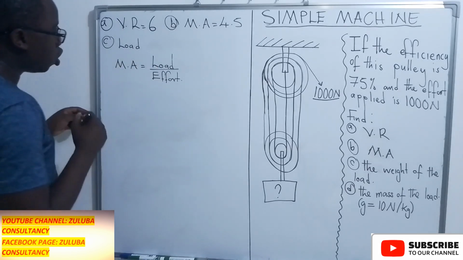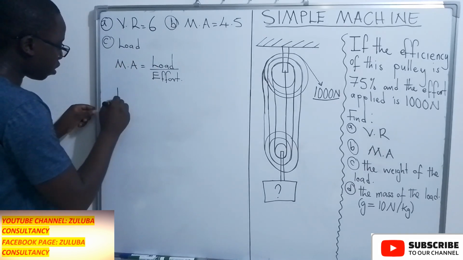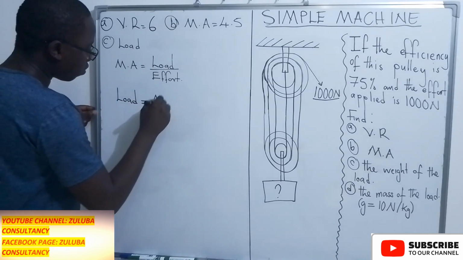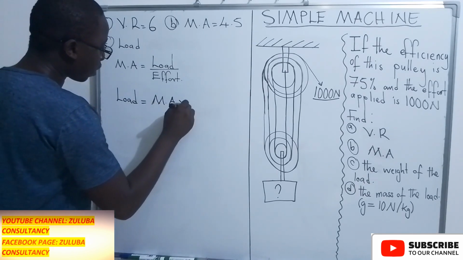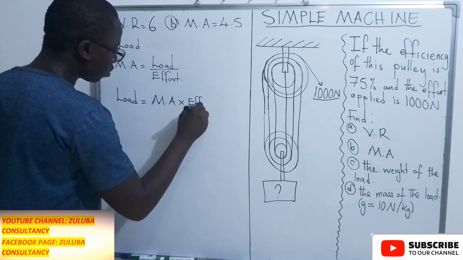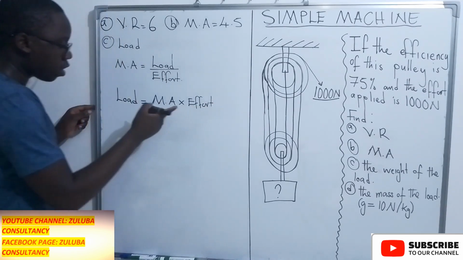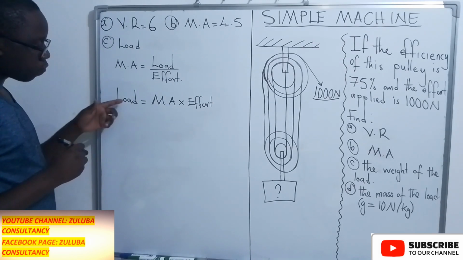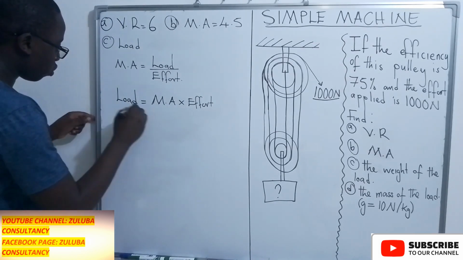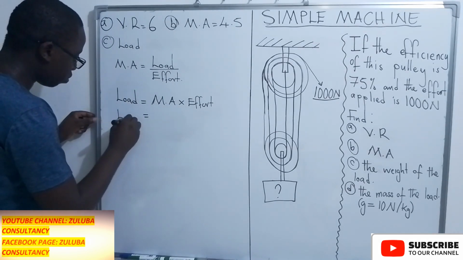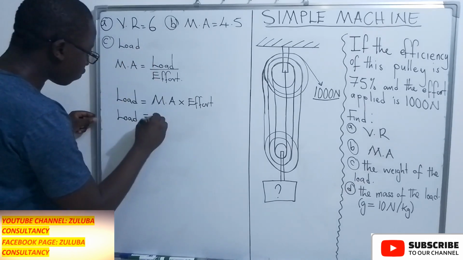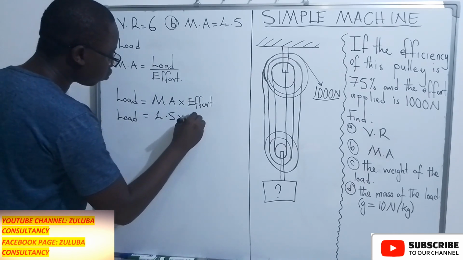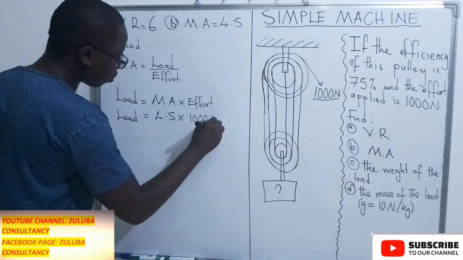So we can make load the subject of the formula by saying load is equal to mechanical advantage multiplied by effort. So we have the effort, we have the mechanical advantage. We can find the load. So load will be equal to, the mechanical advantage is 4.5, then the effort is 1000 newtons.